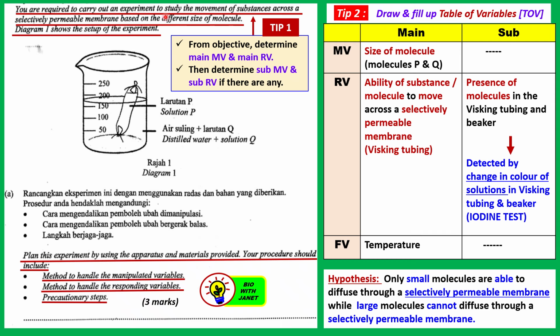So that means your MV now. The tick 2 is to draw a table of variables. I call it the TOV, table of variables. So what is the table of variables? It is a table consisting of 3 columns with the words main and sub here, and 4 rows, with MV, RV, and FV.